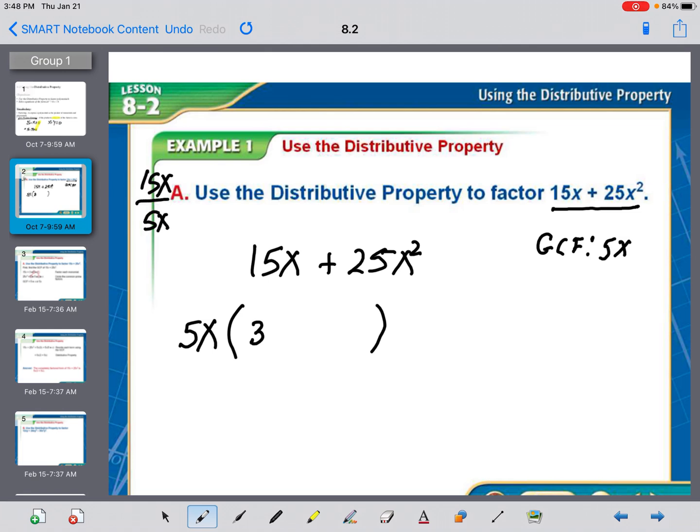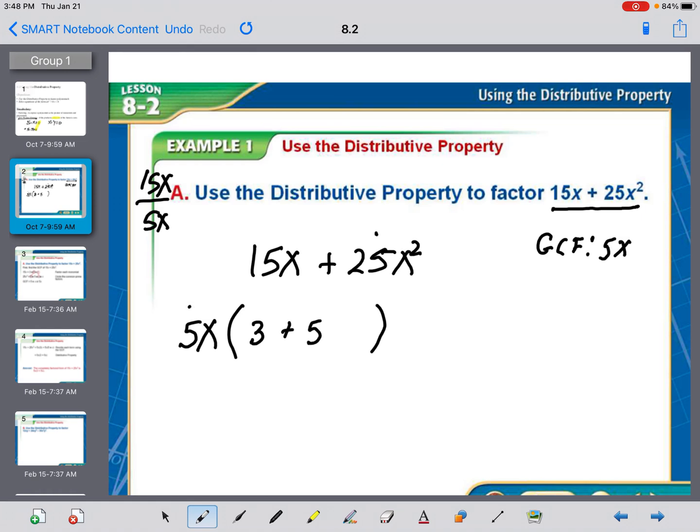If you need to, write it down somewhere. Next, we're going to do 25x squared divided by 5x.